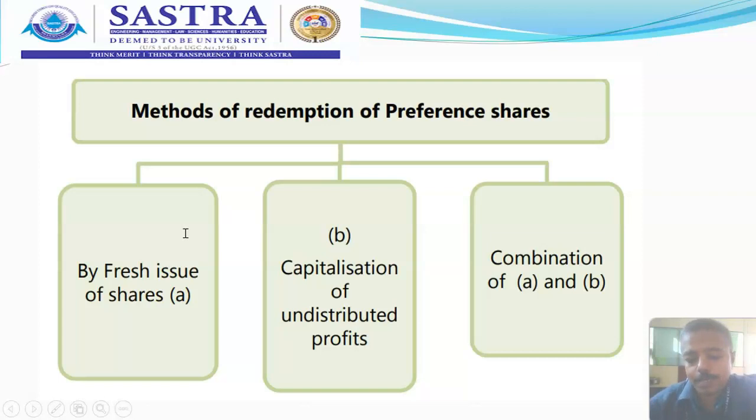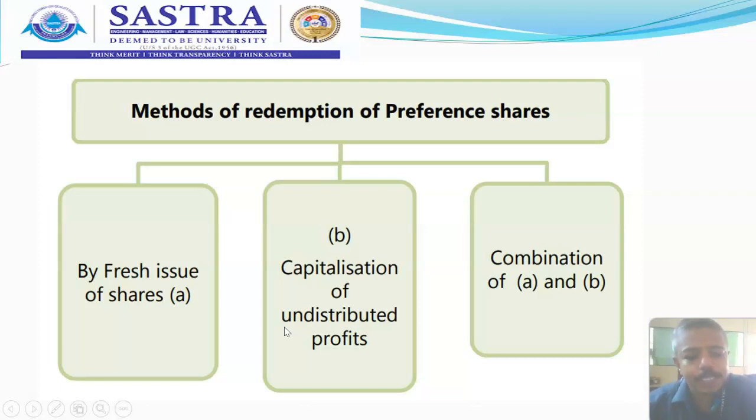However, this has a few disadvantages also. The issue of equity shares for the purpose of redemption of preference shares has two important disadvantages. One is that there will be a dilution of future earnings, because the future earnings have to be shared with the new shareholders also.